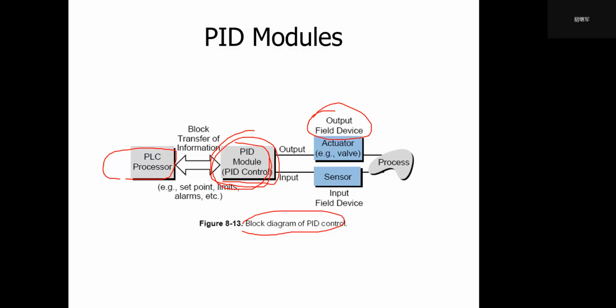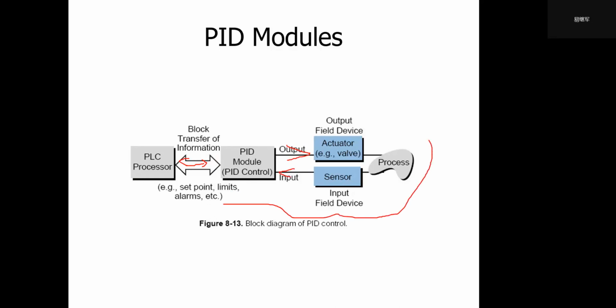So the relationship in the diagram is bi-directional. This is the direction from here, this is the direction to here. This relationship is just like the feedback systems in control theory.